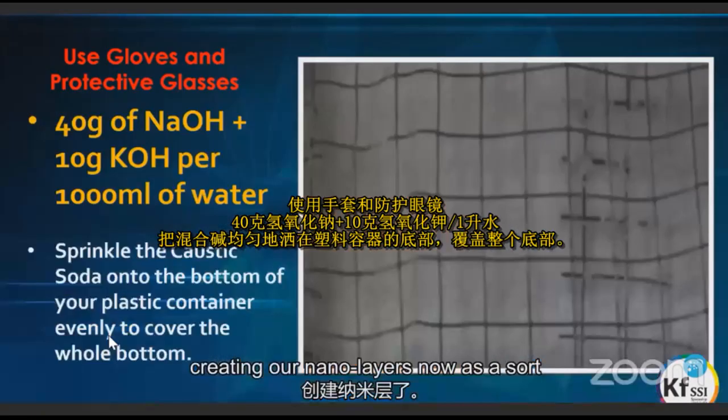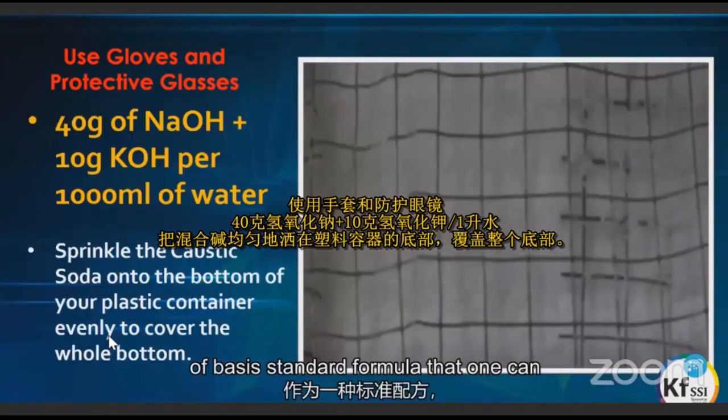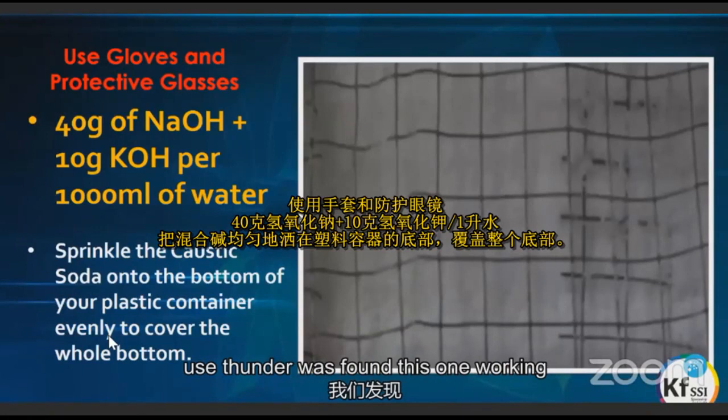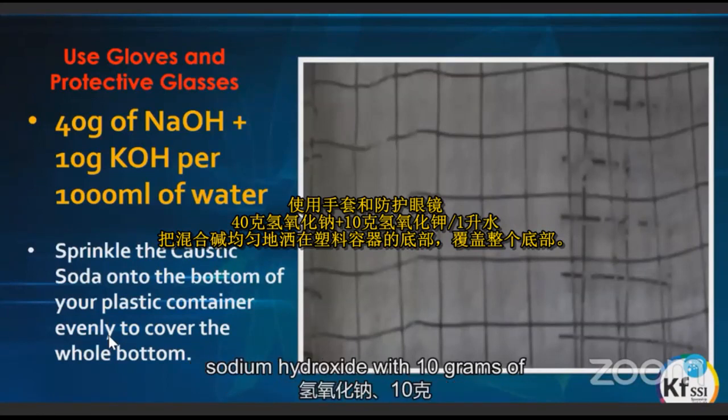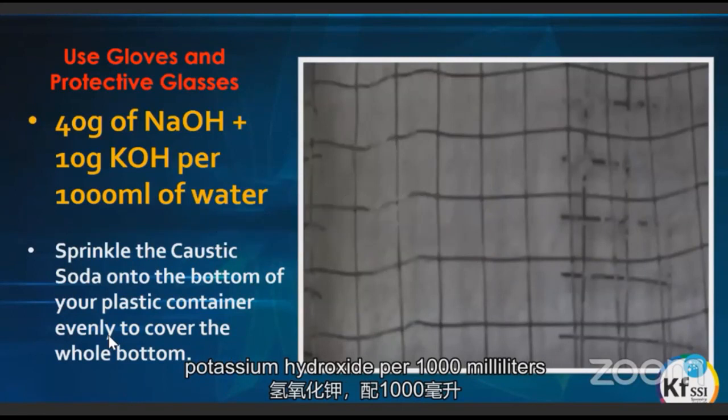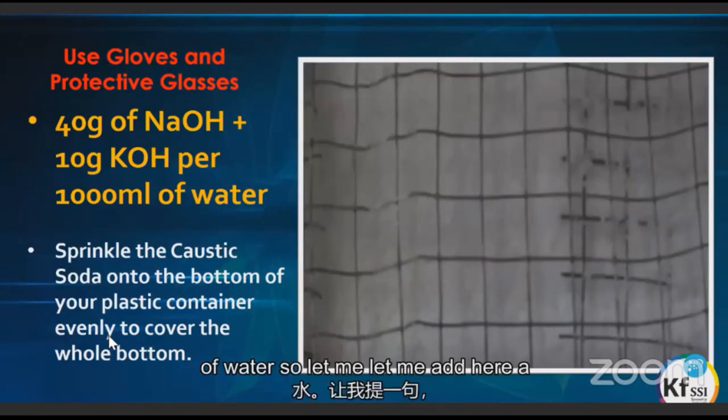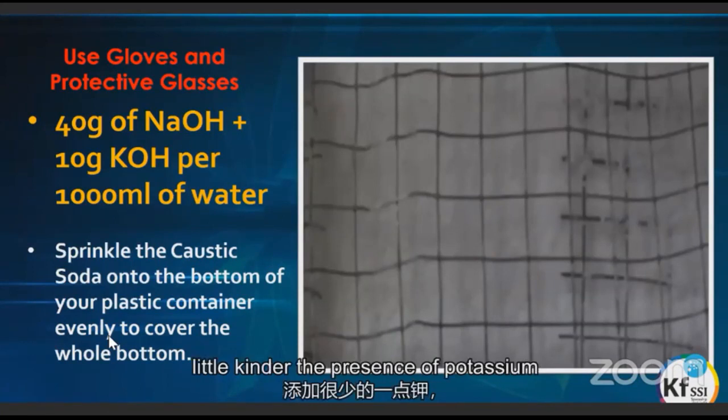Now, as a basic standard formula that one can use, Sandor has found this one working very well: we're using 40 grams of sodium hydroxide with 10 grams of potassium hydroxide per 1,000 milliliters of water. Let me add a little thing.